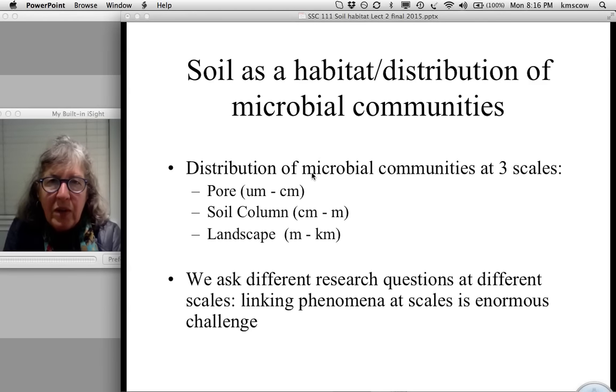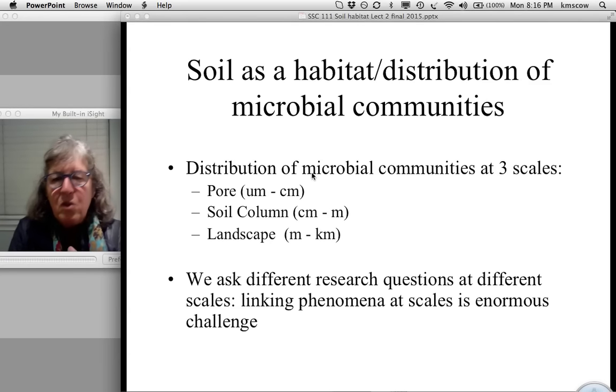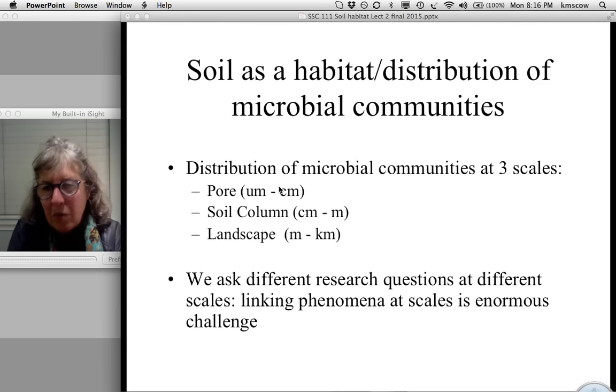Okay, so I now want to talk a little bit about soil as a habitat and the distribution of microorganisms or microbial communities in soil. Now that we've talked about the ingredients of soil in what I've lectured on so far, we can think about the distribution of microbial communities at 3 scales. At the pore scale, which is from the micron to the centimeter scale, and we'll include aggregates in here.